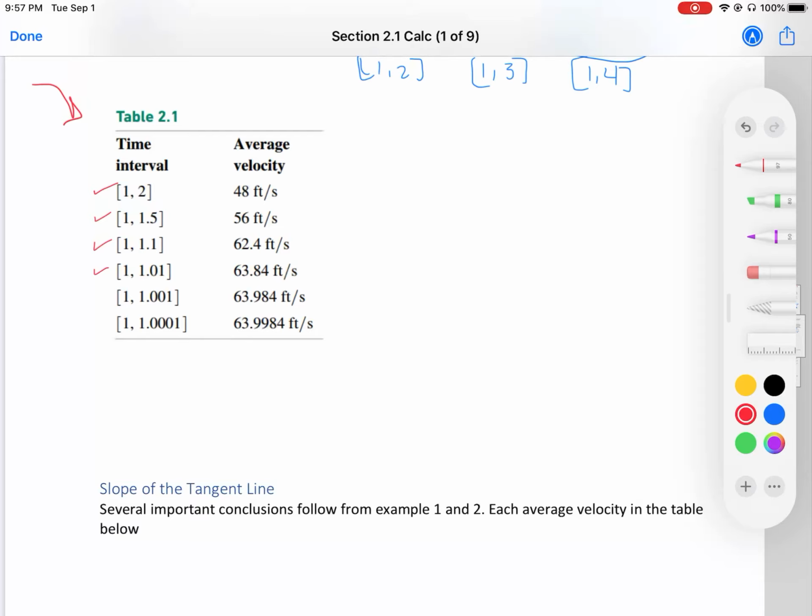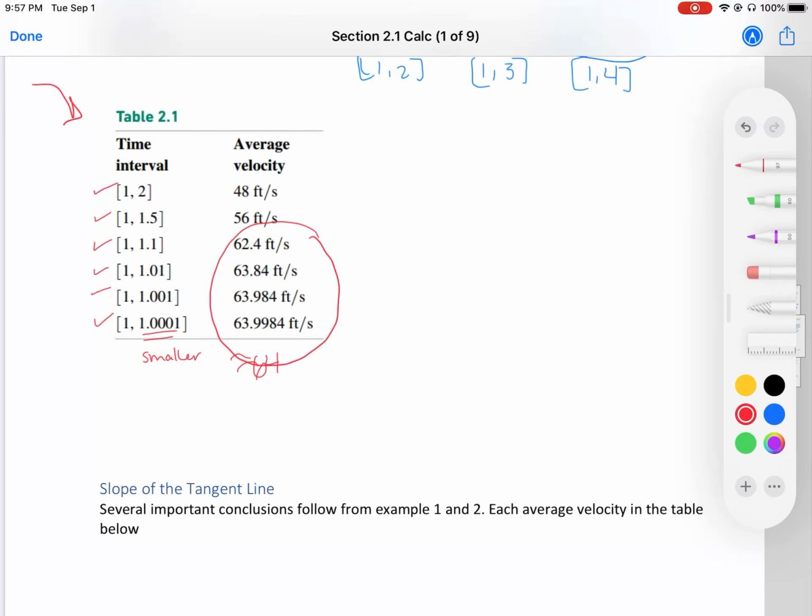What about 1.01? What if I keep picking points and I see that these numbers are getting closer and closer to a value? Do you see, as we pick a number that's smaller but closer to 1, it's approaching a number? We see that it's approaching 64.